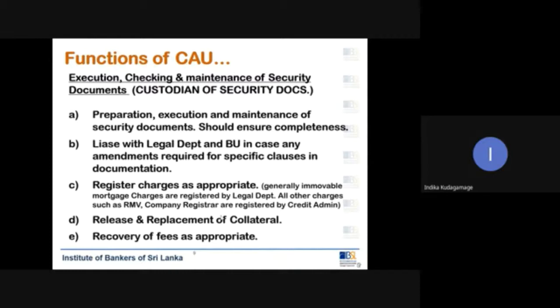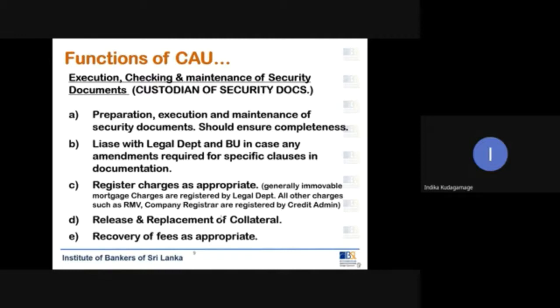Right? This is not something some of you are doing at the moment, right? So don't get confused. This is what BCBS, the Basel Committee, wants. Many of our banks are doing it now in different stages, but this is what they want.